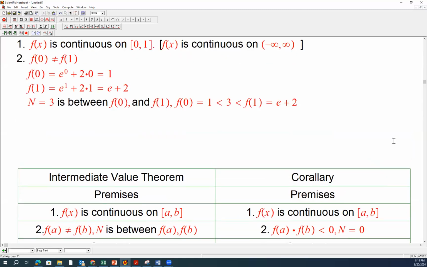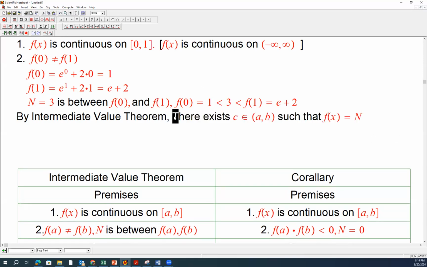And I say by the intermediate value theorem, there exists C between 0 and 1, such that f of C equals 3.